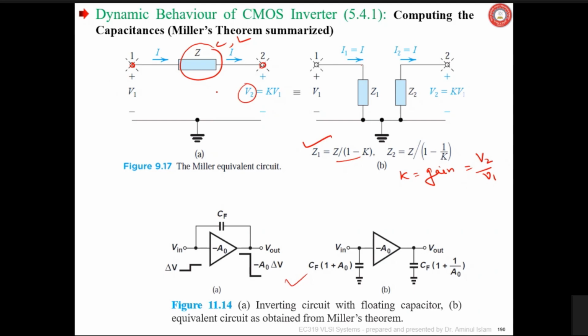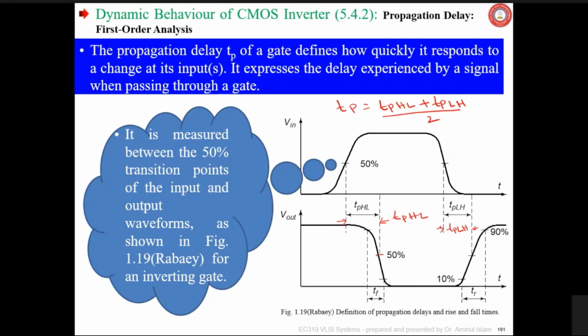V2 is this one, V1 is this one. Similarly, in other circuits, maybe an amplifier, it works the same way. A floating capacitance can be used as a grounded capacitance, connected at the two terminals. We can review this topic if you are not following properly.